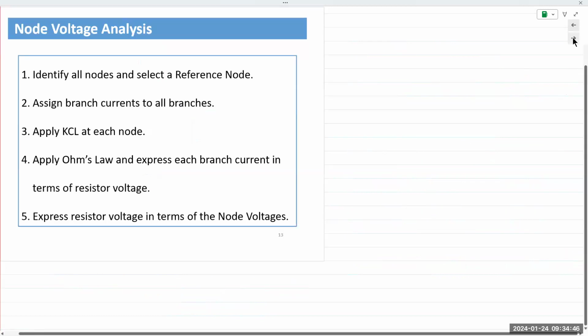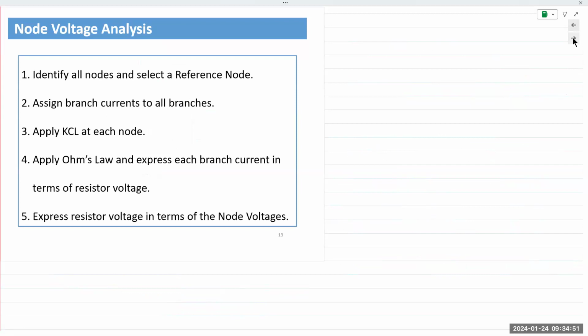So to sum up, the first step is to identify all the nodes in a circuit and select a reference node. Most important, the reference node could be any node, and it will always have a value of 0 volts for the purposes of that specific analysis. Then you assign branch currents to all branches, which is what we did with I1, I2, I3, and I4. Pretty much there'd be resistor currents.